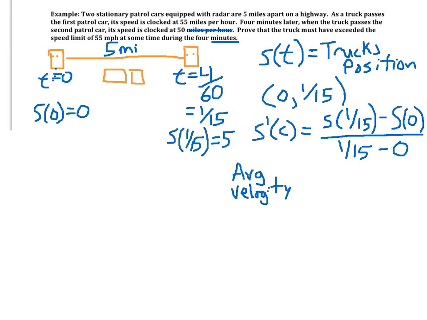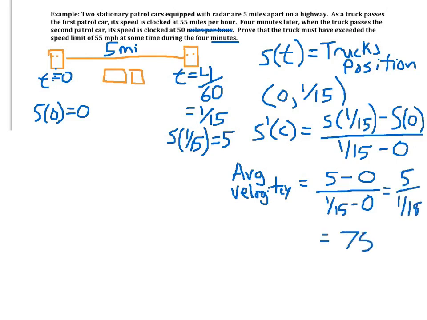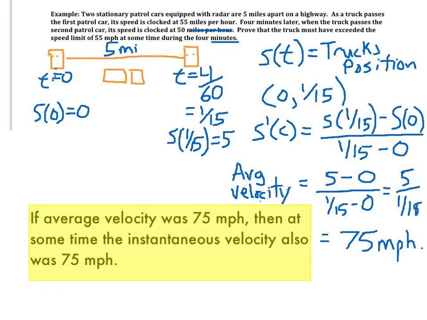So let's find the average velocity, which is going to be 5 minus 0 over 1/15 minus 0. So we get 5 over 1/15, which equals 75 miles per hour.